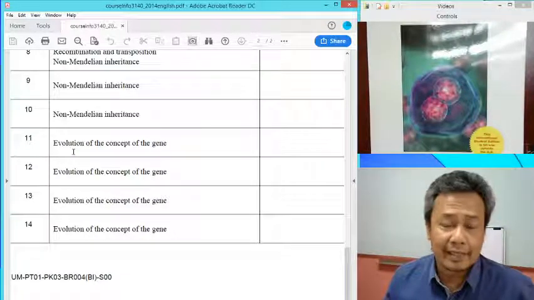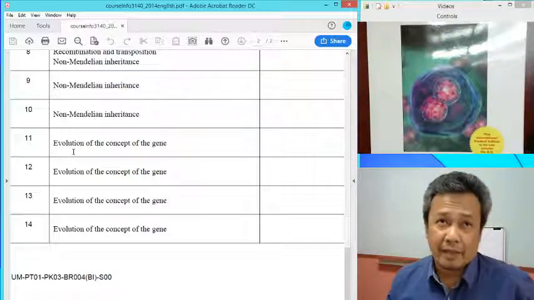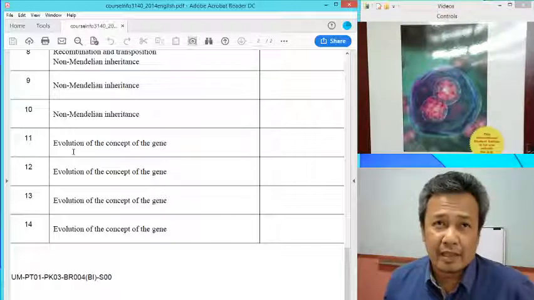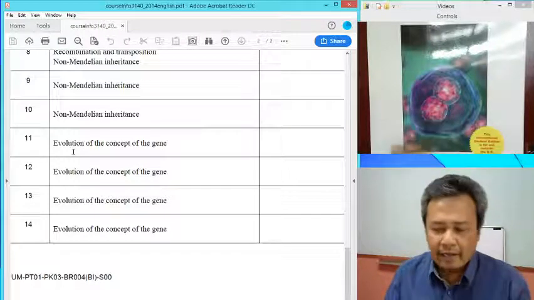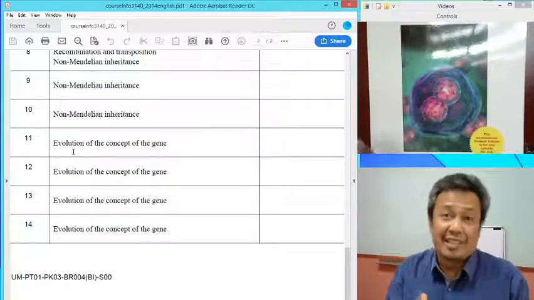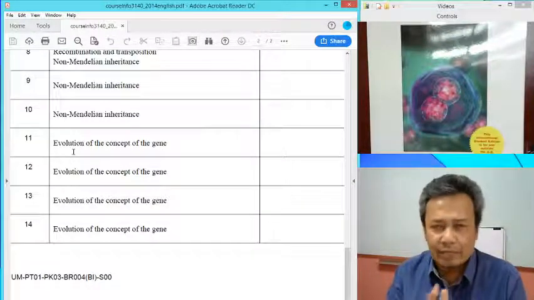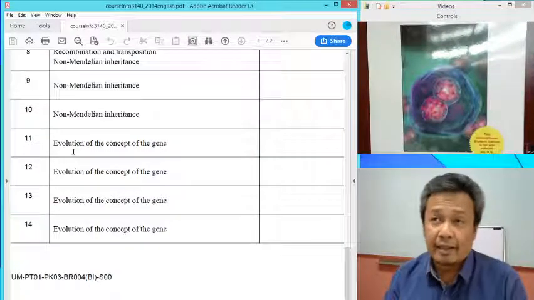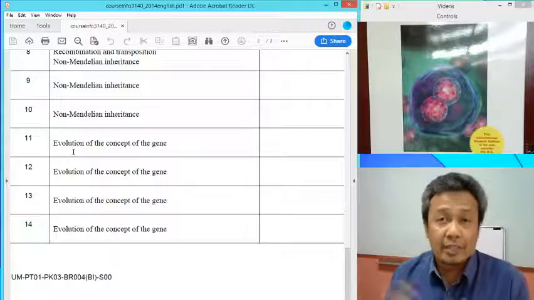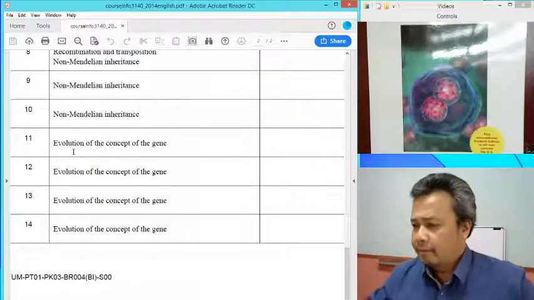It's even more complicated now, because the more we know about the gene, the more blurred the line becomes between what is a gene and what is just DNA. But as students of genetics, you need to understand the historical concepts and what people are talking about now.